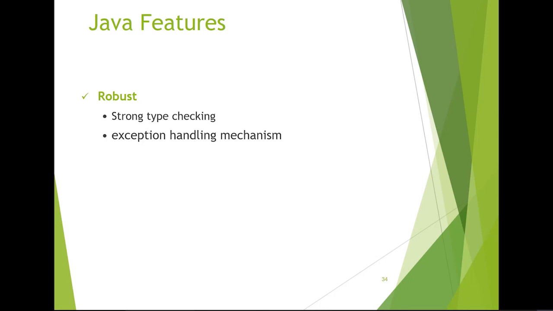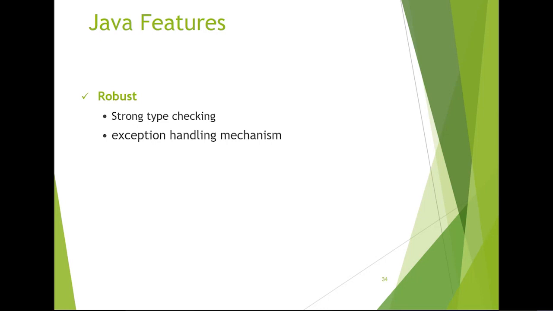So pwede nyo ngayon gawin, if this type of error occurred, ito yung gagawin na program. If iba naman ang nangyari, ito yung gagawin niya. So napoprogram nyo nga, hindi lang basta-basta mawawala yung app pag merong error. Na-handle nyo ngayon every time nagkakaroon ng error sa mga softwares ninyo. That is actually exception handling.